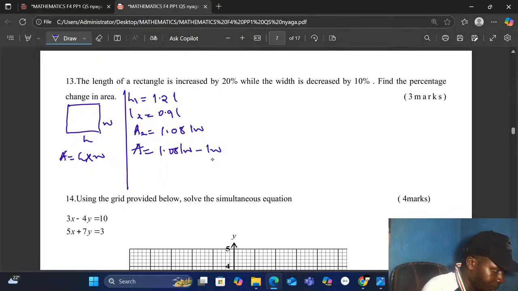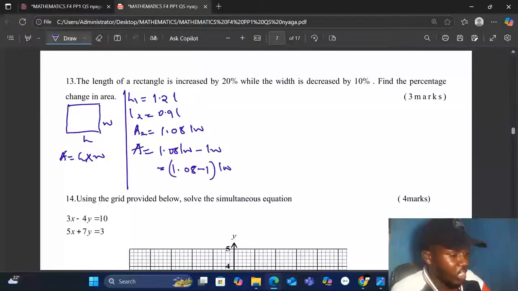That is 1.08 LW minus LW. We factor out, but we now look for the percentage change.